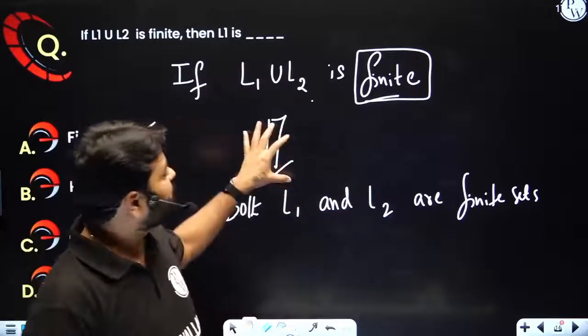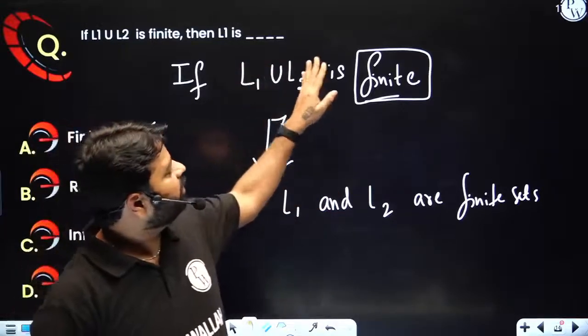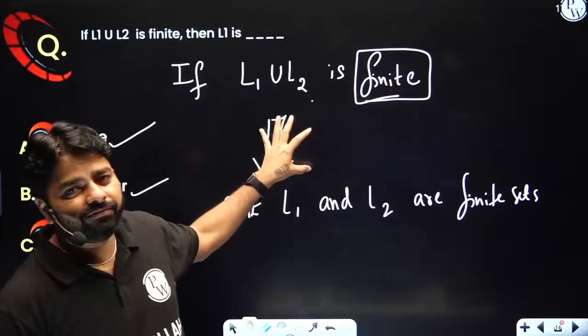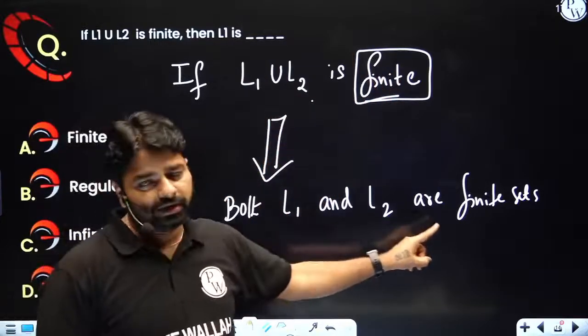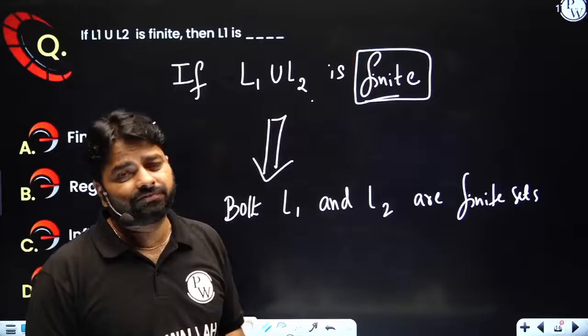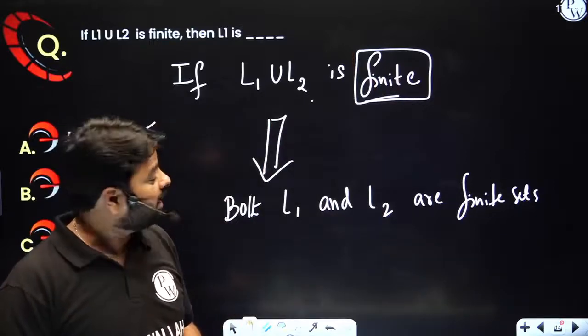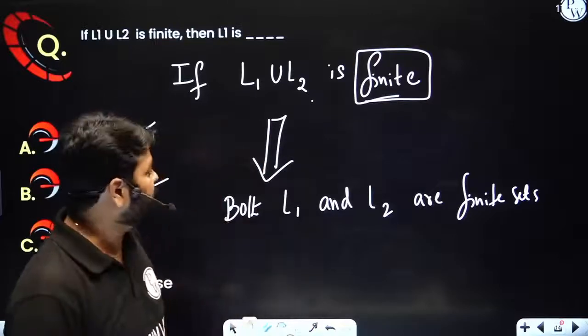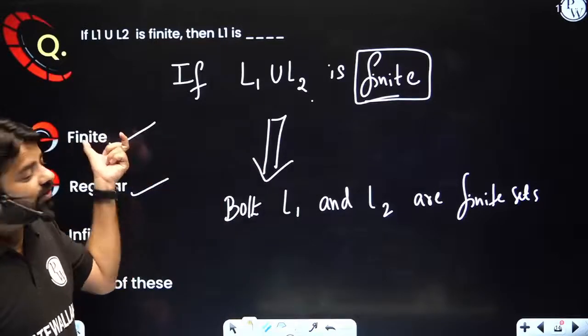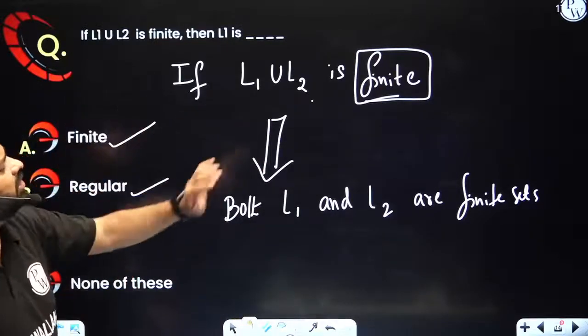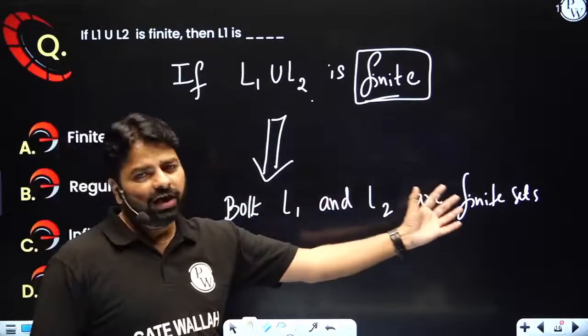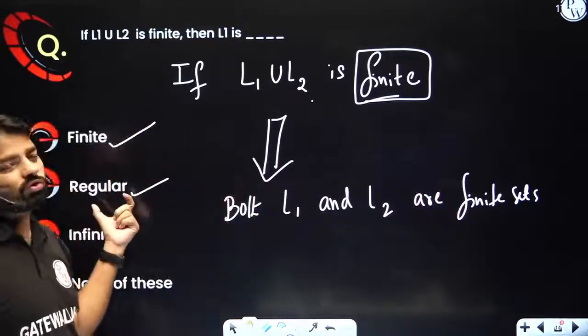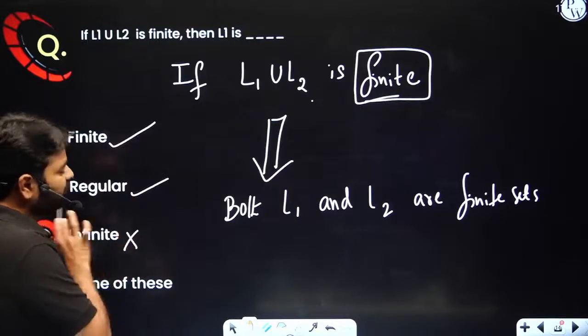If an if and only if statement comes, L1 union L2 is finite if and only if L1 and L2 are finite, that statement is completely different. In that example, you can't choose regular for L1. If they are talking about if and only if, you have to choose the finite word only. So this is only one direction. Already we know L1 is finite, and hence it is also regular, and we can't choose infinite.